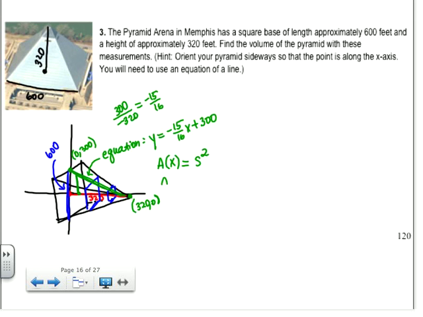So my area of my cross section is going to be 2 times (negative 15/16 x plus 300), squared. So my volume is going to be the integral from 0 to 320 of that area.